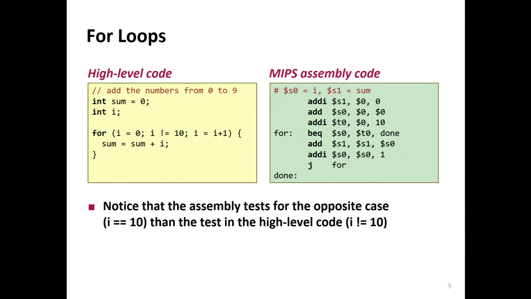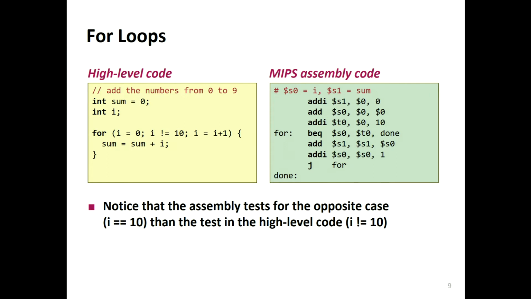The second step is loading S0 with 0 as well, by adding the 0 register to itself and storing it in S0. You could do the same for S1, because both are 0. Here we're just showing multiple alternatives to assign 0 to a register. Oftentimes it can be as easy as adding register 0, which is always 0, with 0, or adding it to itself. There are multiple ways to do this.